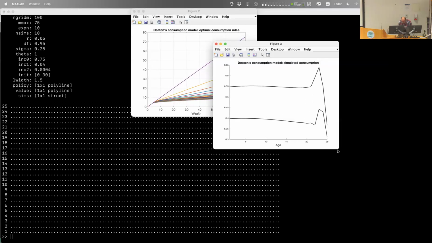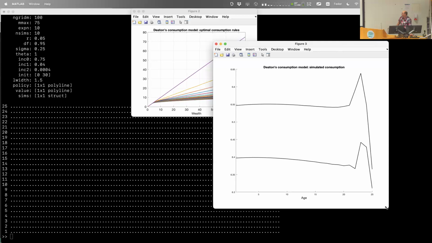So these are two simulations of consumption, which are started at two values, and then the policy function calculated by the value function iteration is applied every period, the normal way that you do the simulation. And you can see that the error is really small in the beginning.